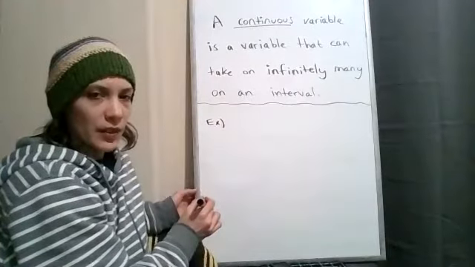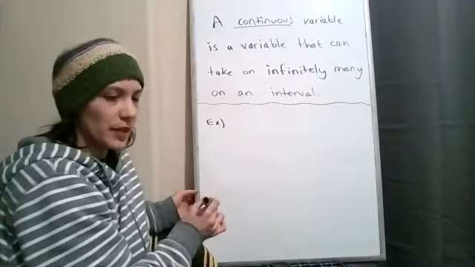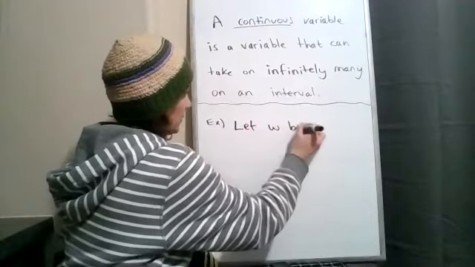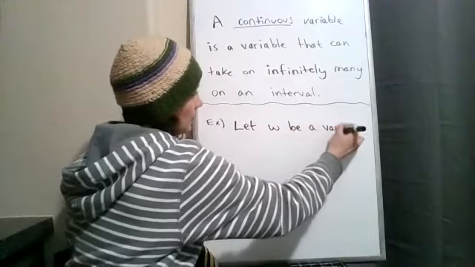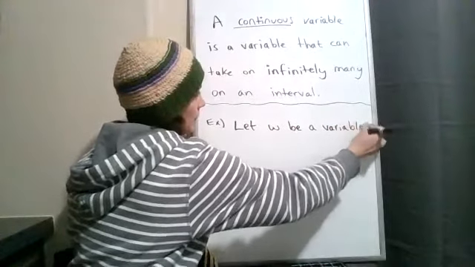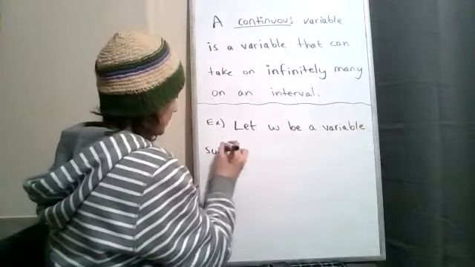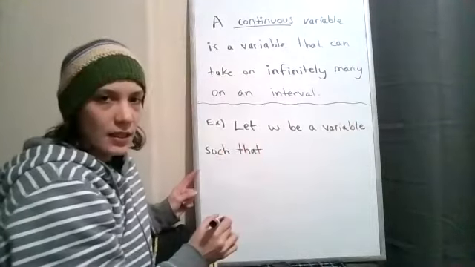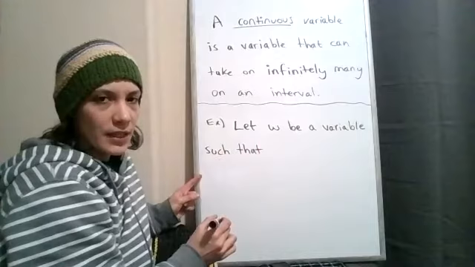I'm going to call this variable w. So let w be a variable, such that w is any value in the set.